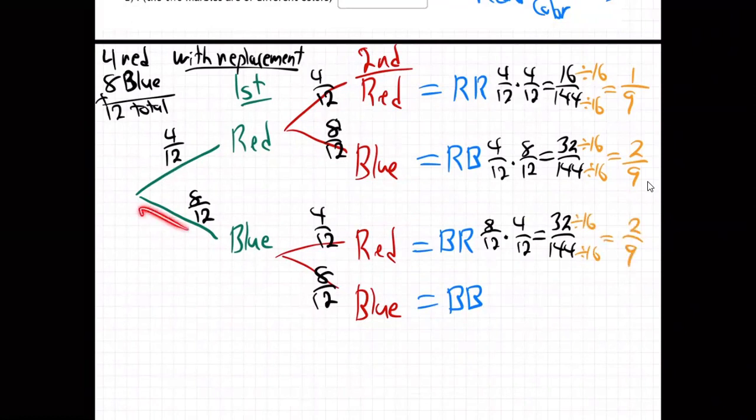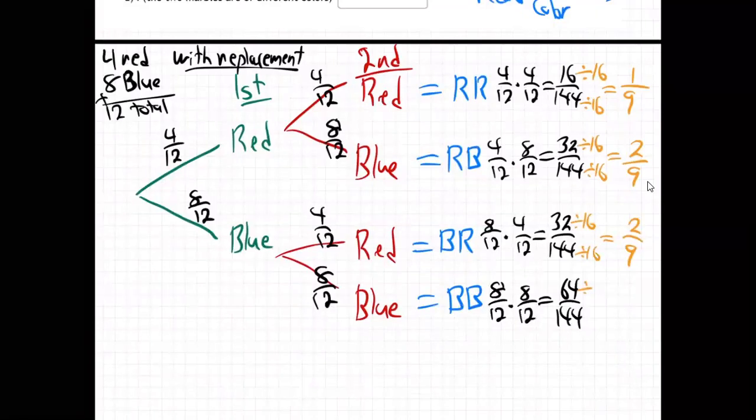And finally, blue, blue, as you move from left to right through the table, blue, blue, 8 twelfths times 8 twelfths. Oops, that's not 16. We're multiplying, not adding. I just added there. 64 over 144.